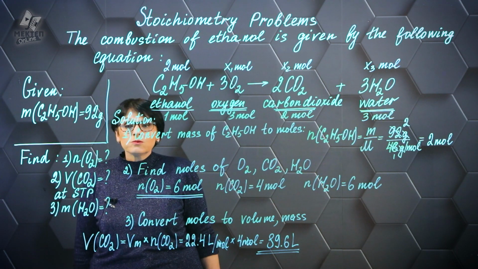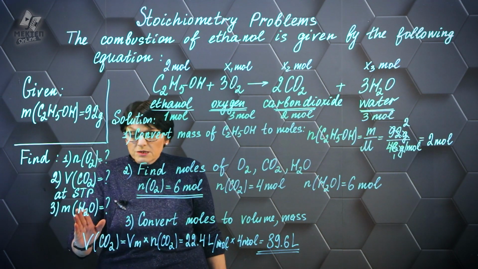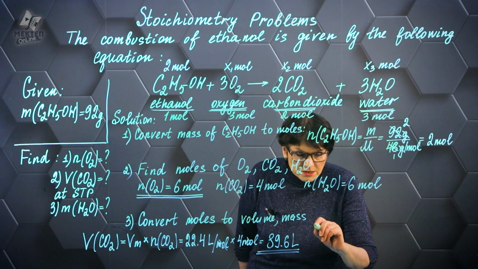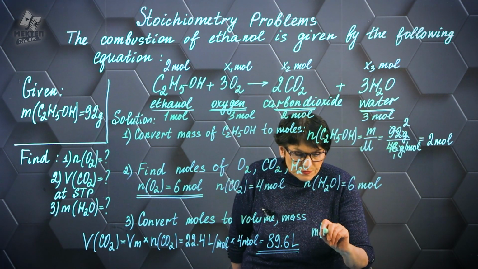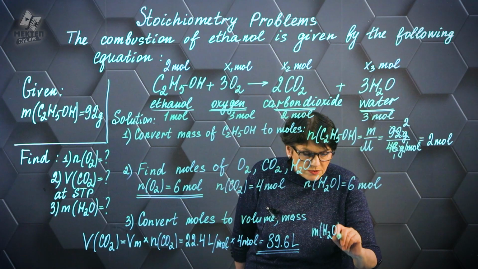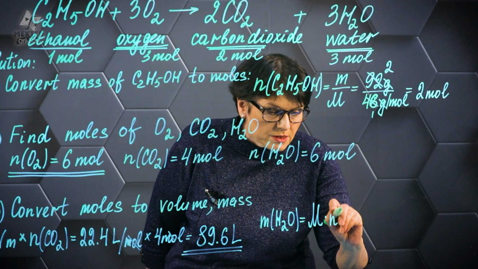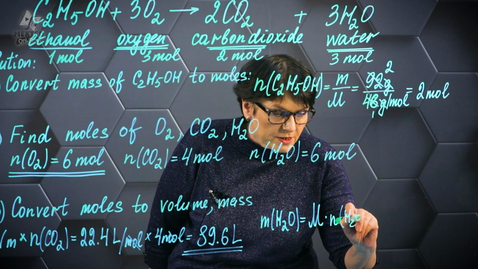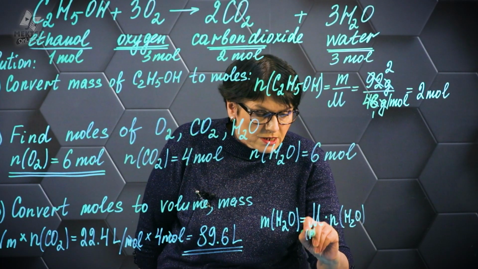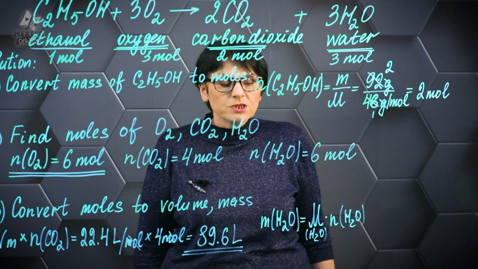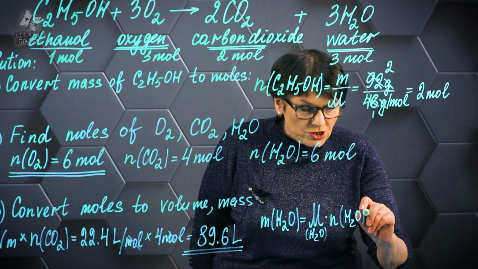Now let's find the mass of water. In order to find the mass of water, we have to use the formula: the molar mass of water multiplied by the moles of water. The molar mass is not the same for all substances, so it will need to be calculated.